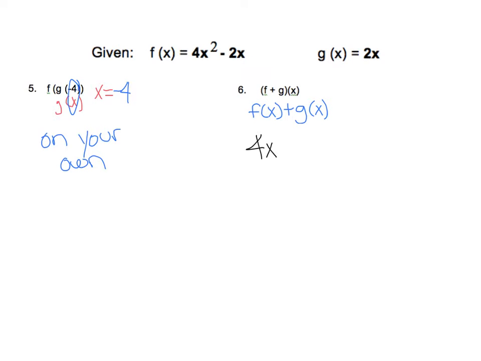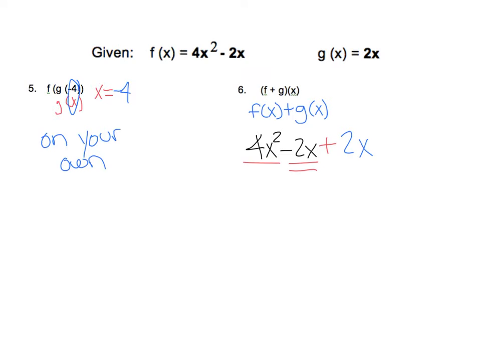So you have your f of x expression, which is 4x squared minus 2x, and we're going to add the g of x expression, which is 2x. So like I said, all you're looking to do here is see if you can combine like terms. Well, hopefully you see that you have x squared, which there's no other x squared, so that doesn't combine with anything.